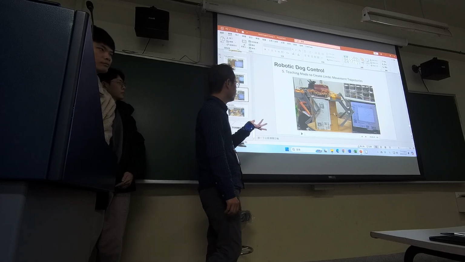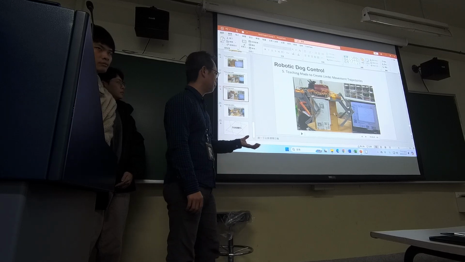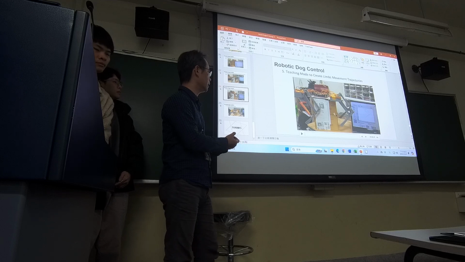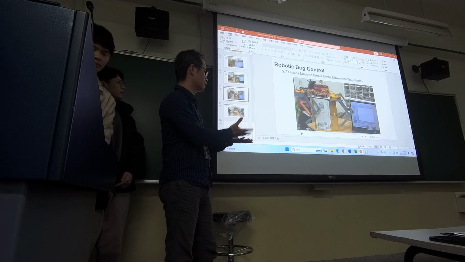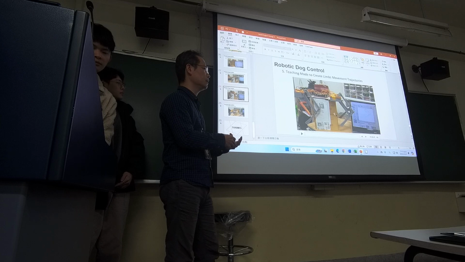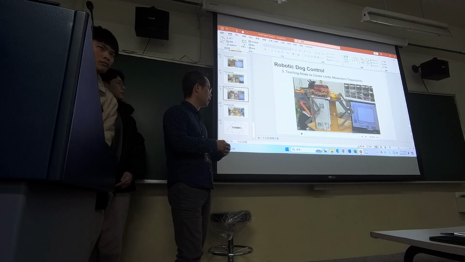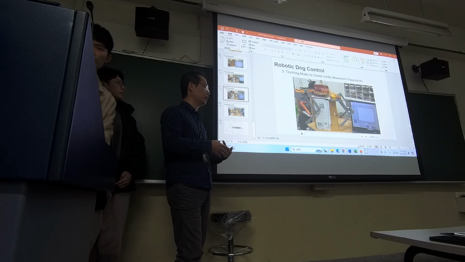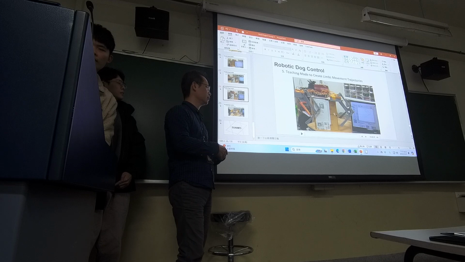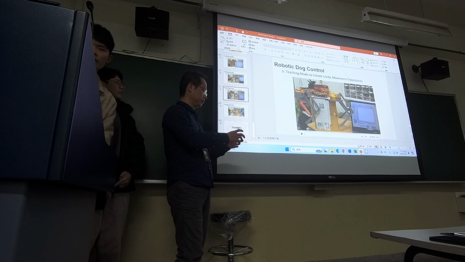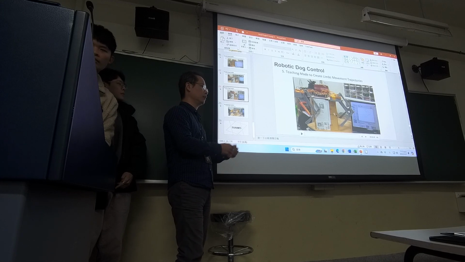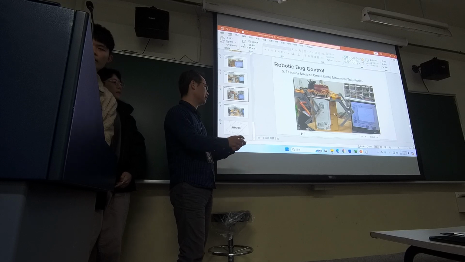For example, the power supply maybe is not enough, because in fact two batteries broke down from overcurrent. So I changed to this power supply, but maybe the power is not enough.